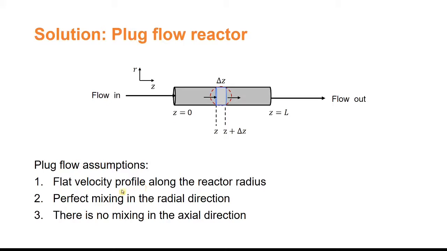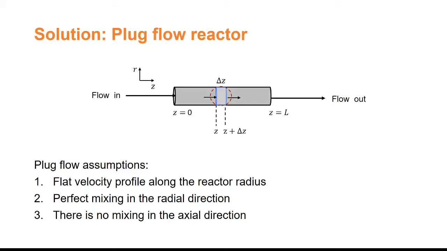The other thing we would like to assume is perfect mixing in the radial direction. So even though the fluid is flowing uniformly across the radius of the reactor, it is possible there's some mixing due to turbulence. We want to have mixing in the radial direction.